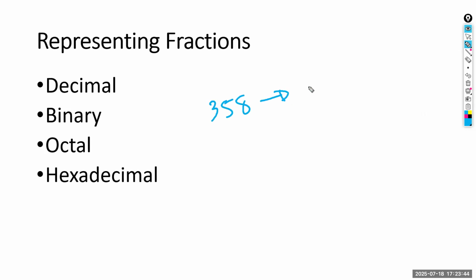I convert this base 10 number into base 12. Quickly do it. If you can do it, you have understood it. Simple as that. If you can't do it, you are still not very comfortable and don't have a deep understanding.